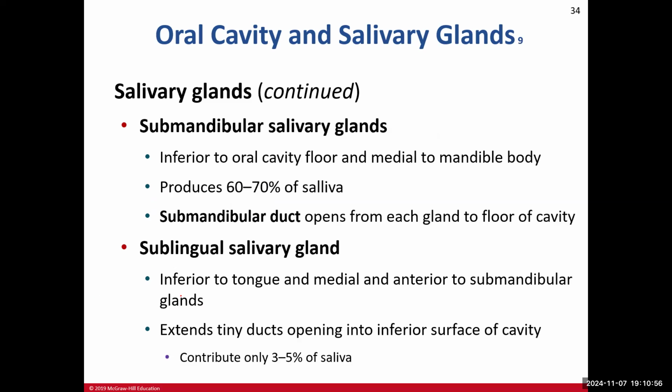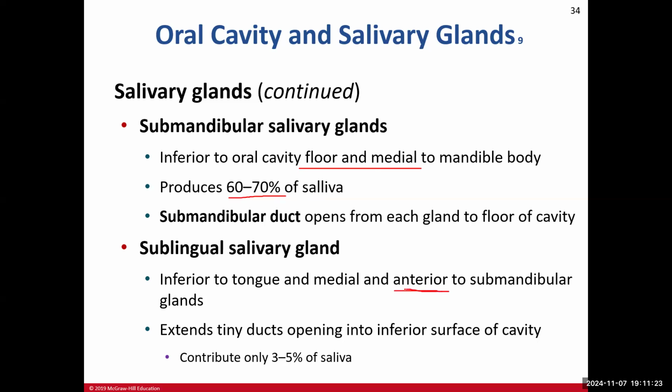All right, the other two salivary glands are the submandibular and the sublingual. Submandibular makes the majority of your saliva. This one sits on the bottom, on the floor of your mouth, and it is going to be more medial, whereas the sublingual is going to be more towards the front.